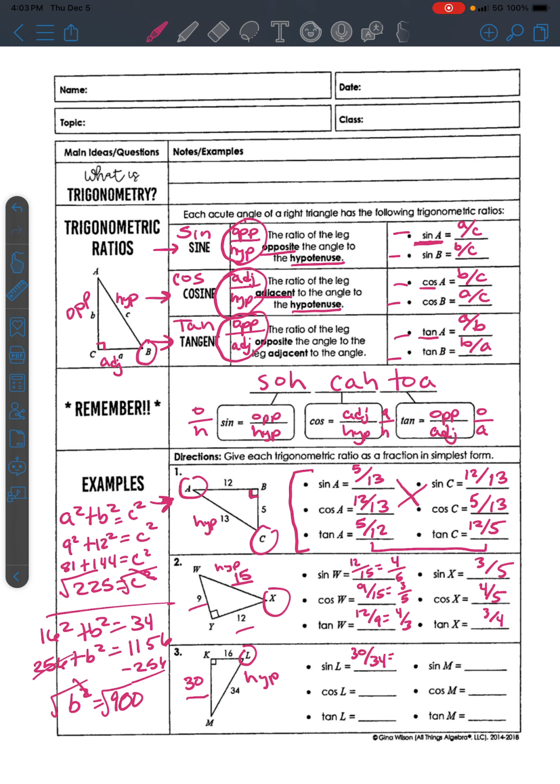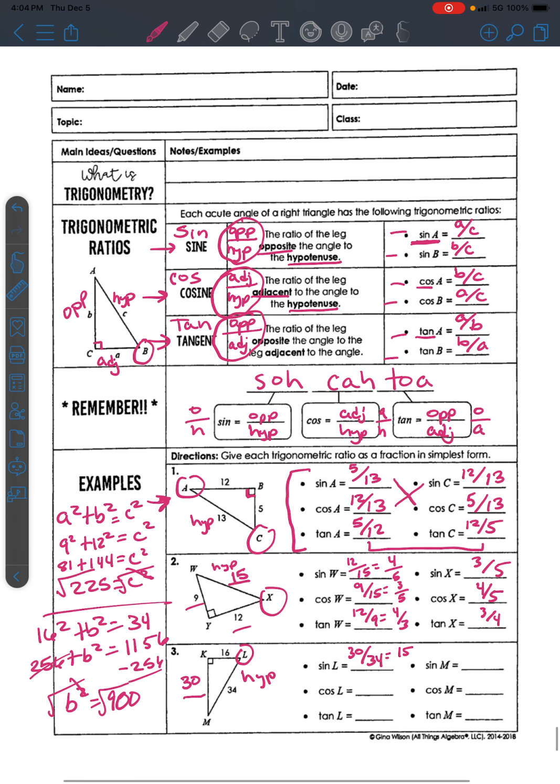Well, those are both even numbers. 2 will go into both of those. So 2 will go into 30 15 times and it'll go into 34 17 times. Cosine of L would be 16 over 34. So that would be 8 over 17. And the tangent of L, opposite over adjacent, which then becomes 15 over 8.